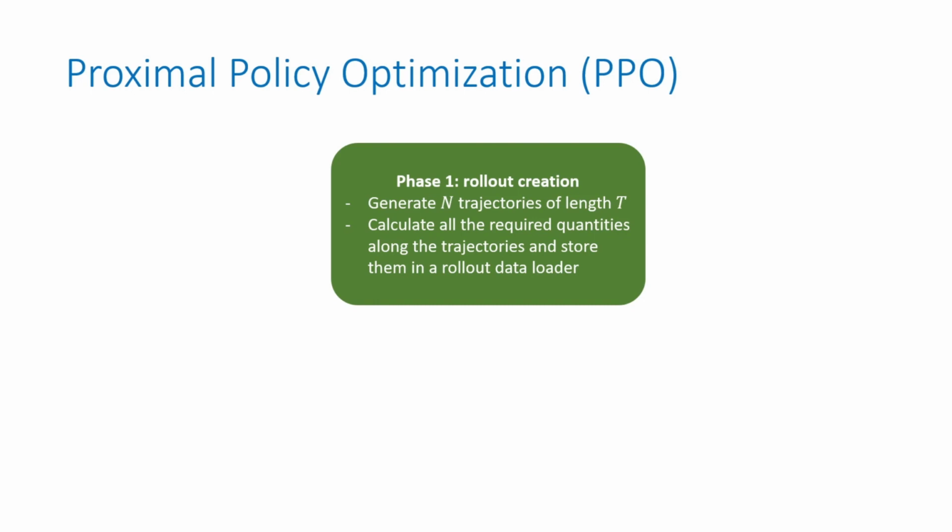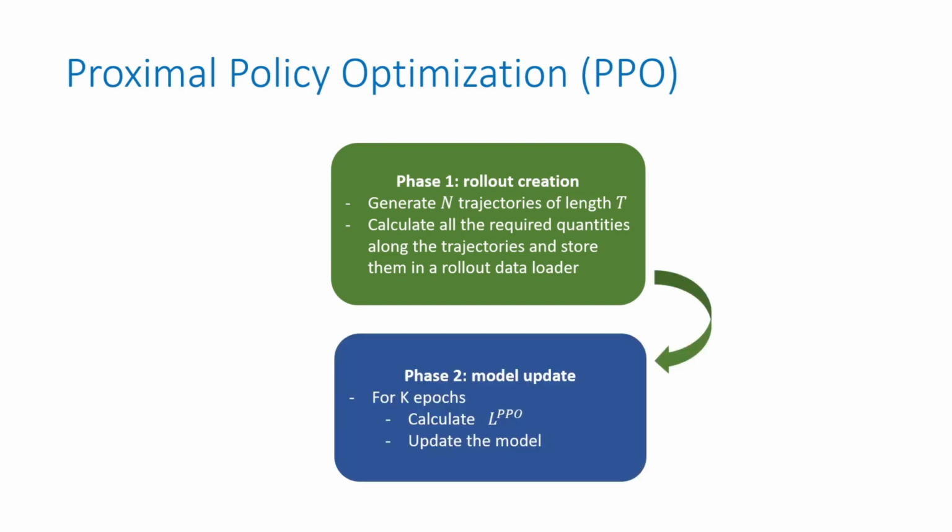In phase 1, the LLM creates a number of trajectories together with their required quantities. This is where the reward model is used. At the end of this phase, we put all these quantities into a data loader. In phase 2, we sample the data loader to train the model according to the PPO laws for several epochs. Then we go back to phase 1.